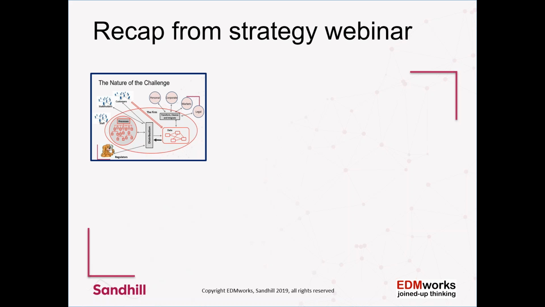The first thing we did was, if you're starting a governance strategy, step back. Take a helicopter look at the organization. Think about who the external stakeholders are. So you've got customers, you've got your shareholders, you've got regulators who need information from you.